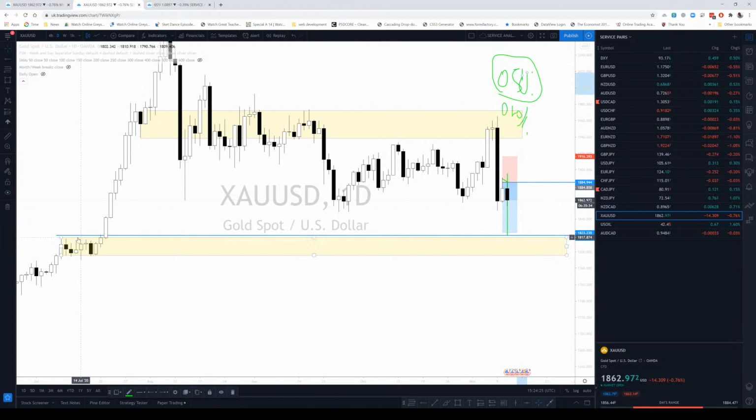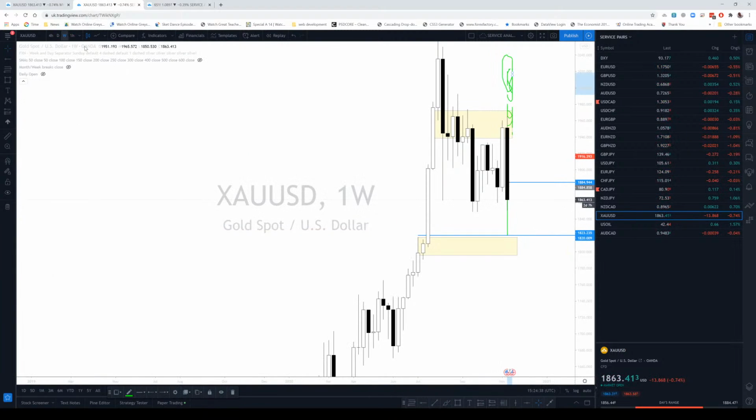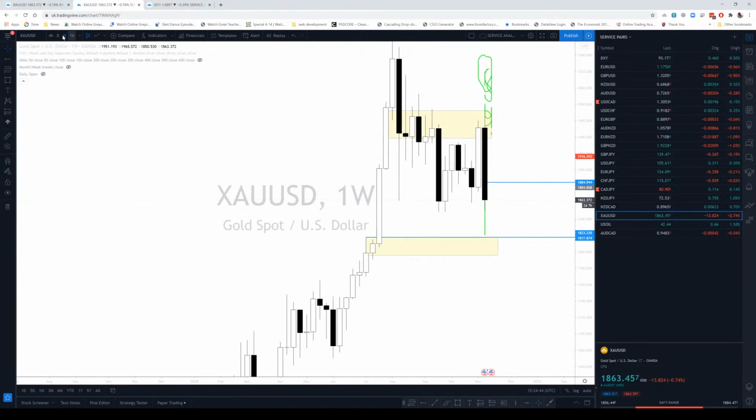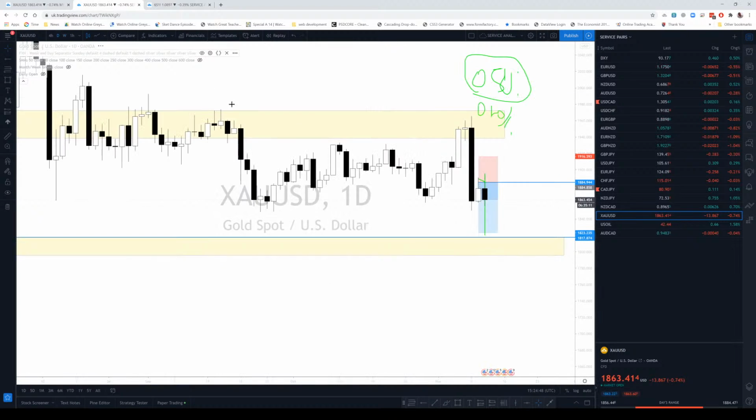Okay, so gold is looking for 1820, or to rebalance this whole up move till there. Let's go back to the weekly. Yeah, to rebalance everything till there. On gold, that's what you want to look for.